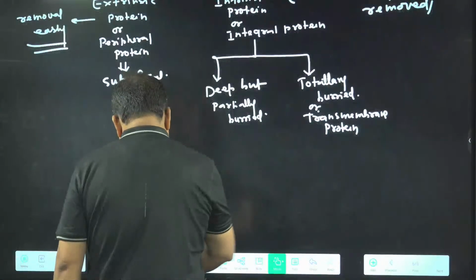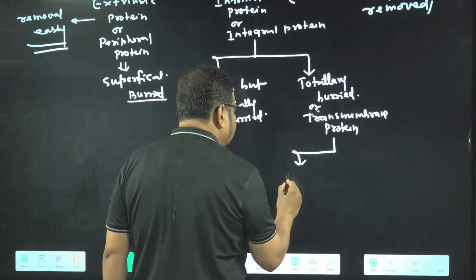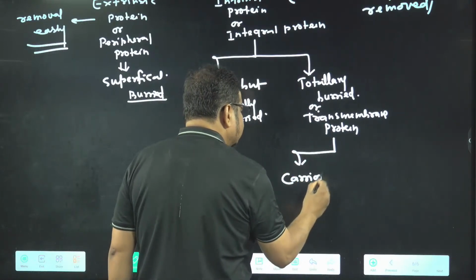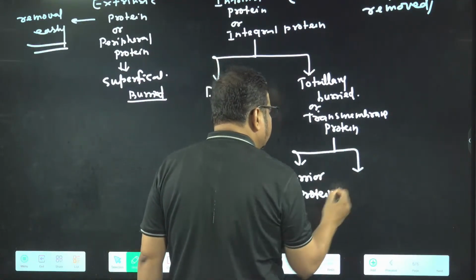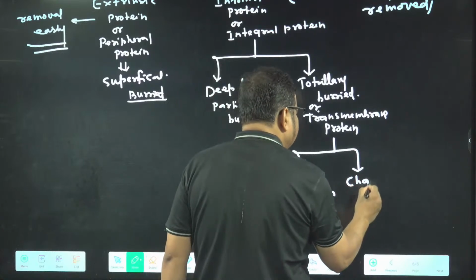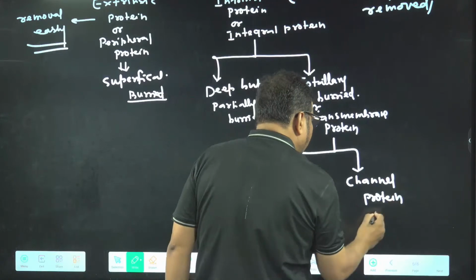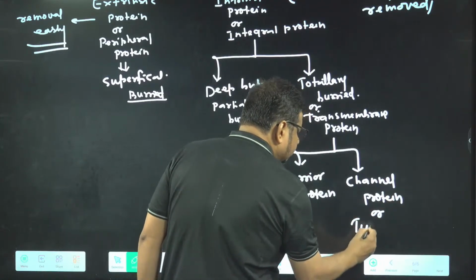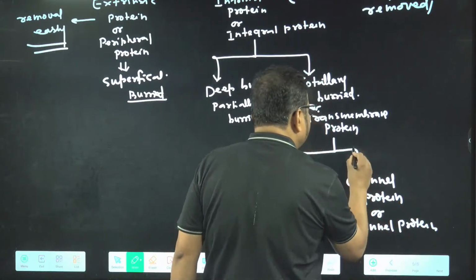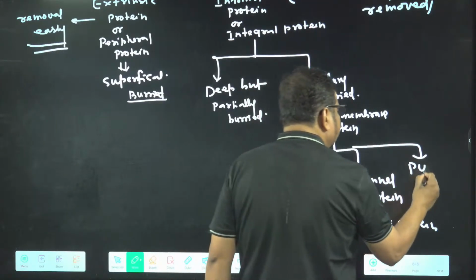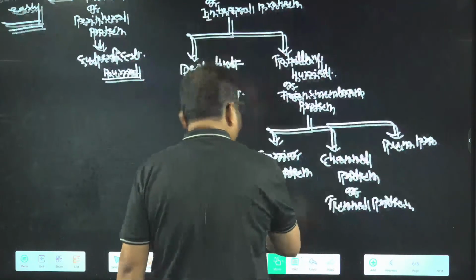These transmembrane proteins are of a variety of types. Examples of transmembrane protein are carrier protein, channel protein or tunnel protein, and pump protein.